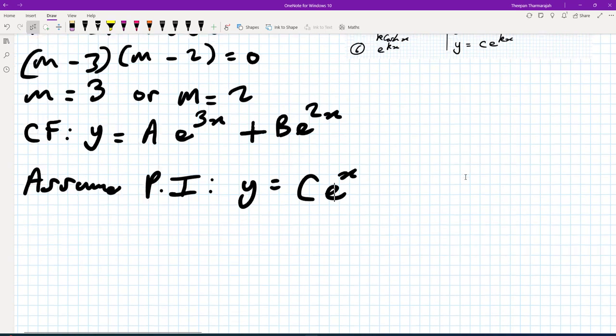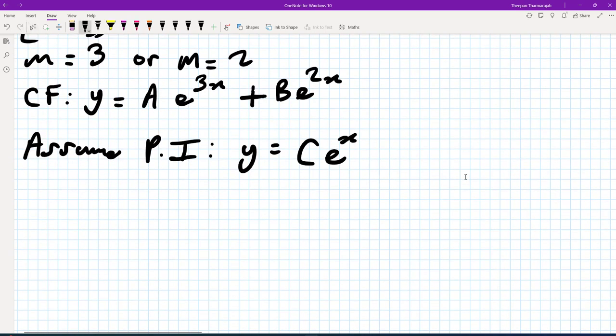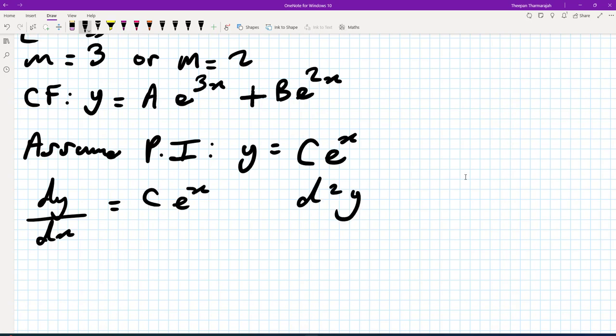So we do the usual procedure, we differentiate it. dy by dx is simply, well, the differentiation of e to the x is e to the x, so we get c times e to the x. And d squared y by dx squared would be c times e to the x as well, because c is constant.